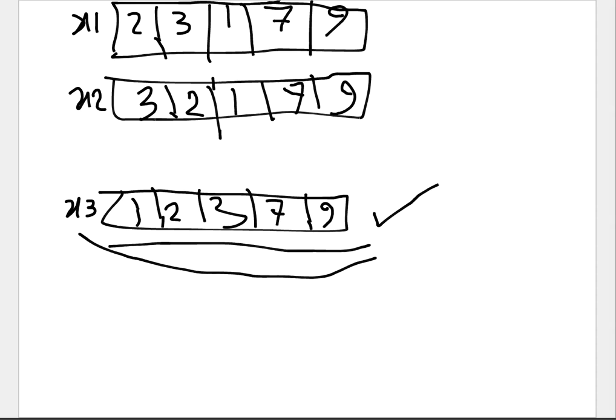Because in each two locations, the right value is greater or equal than the left value. Here to here, here, here. So can you tell me a fitness of this problem?